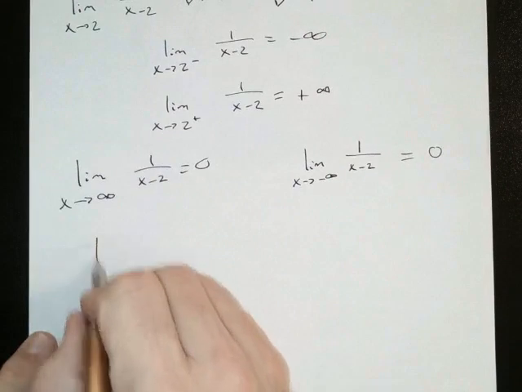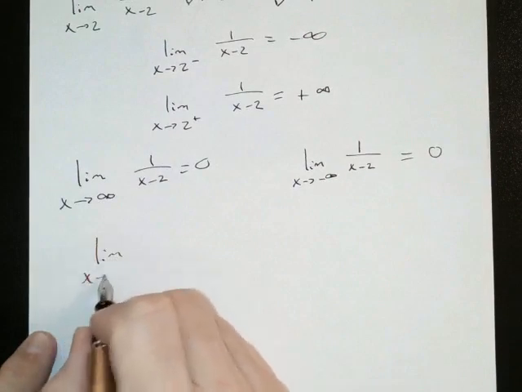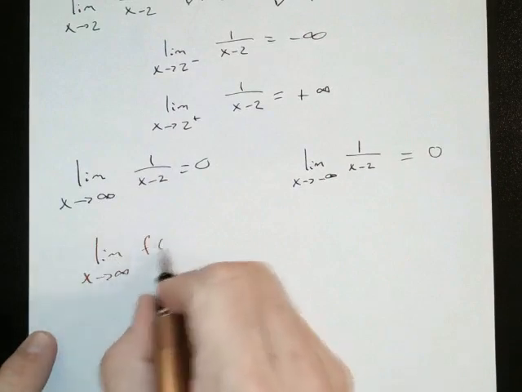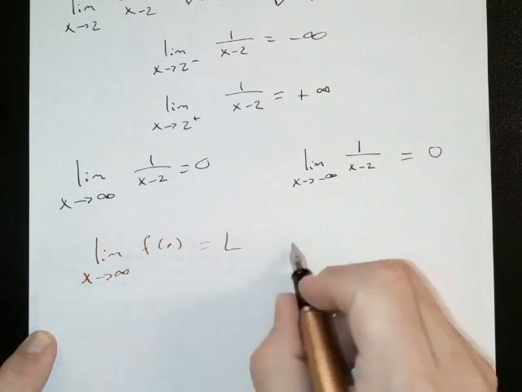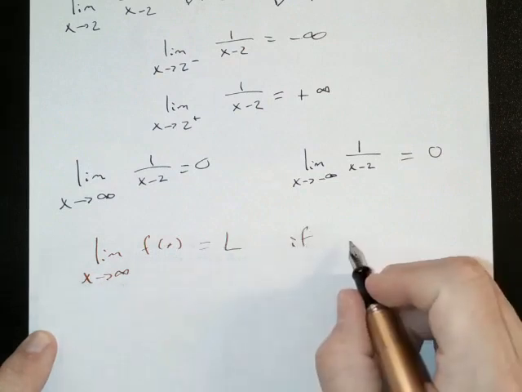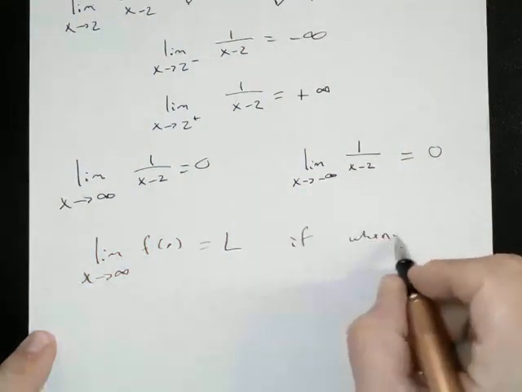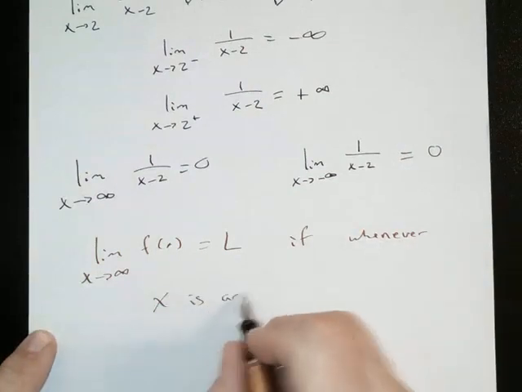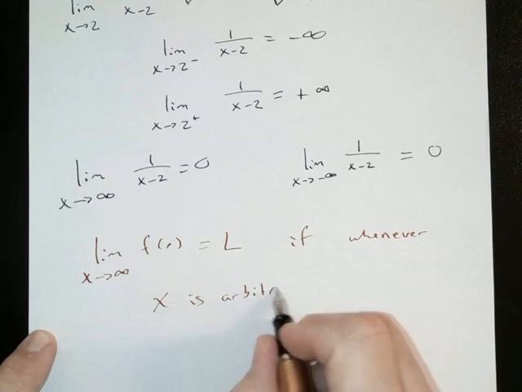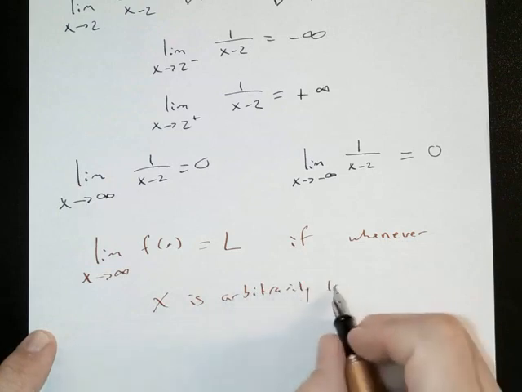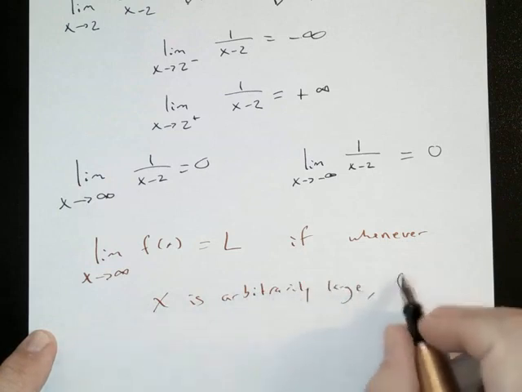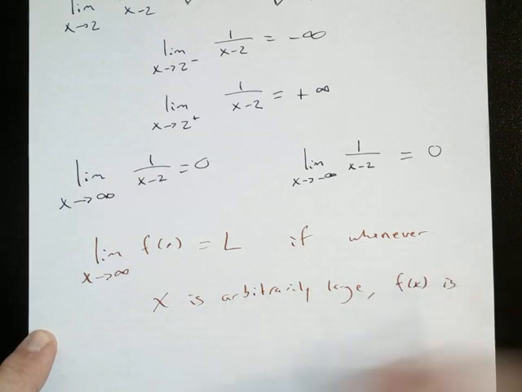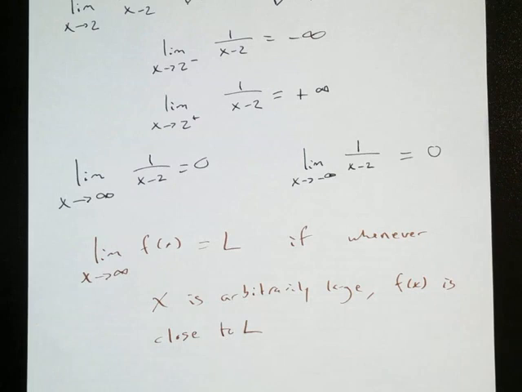But I'm really going to say the limit as x goes to infinity of a function is L if, whenever x is arbitrarily large, f of x is close to L.